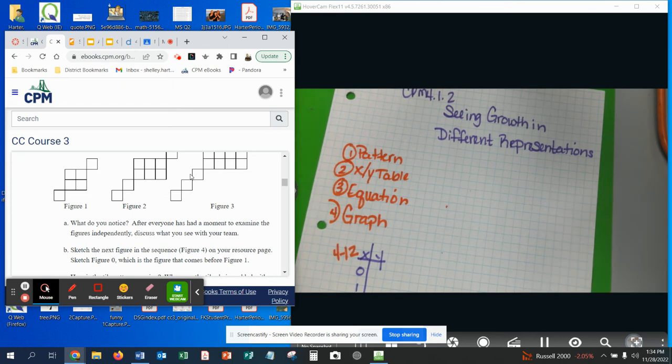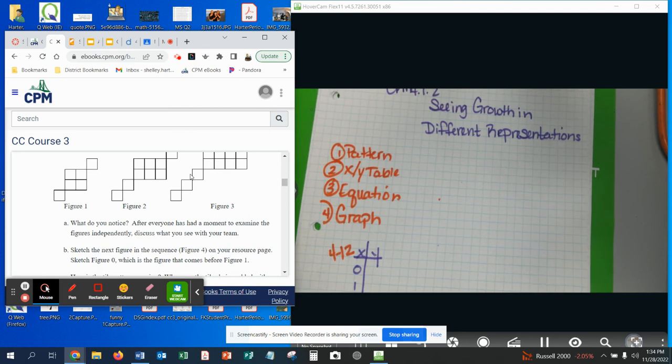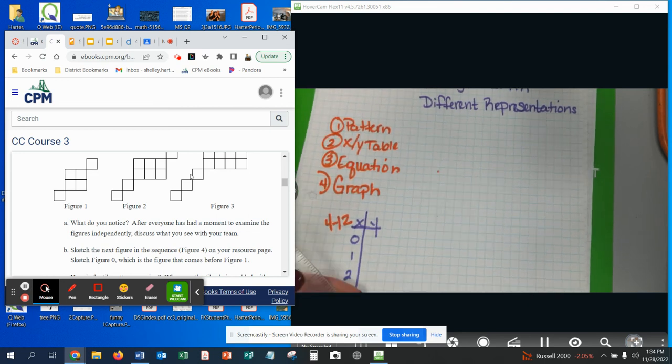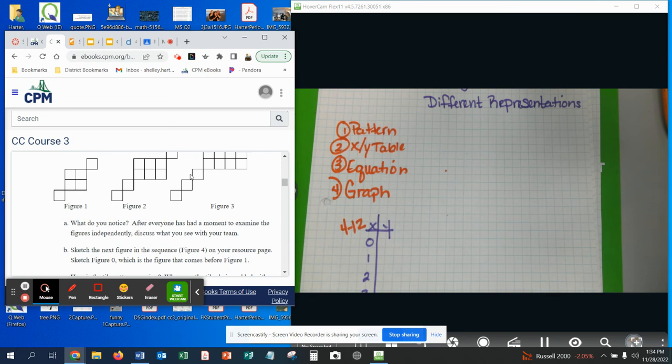Now, they've given us 3 figures, right? So, who's got figure number 1? Oh, we're going to call on people. Sam, how many are in figure number 1?